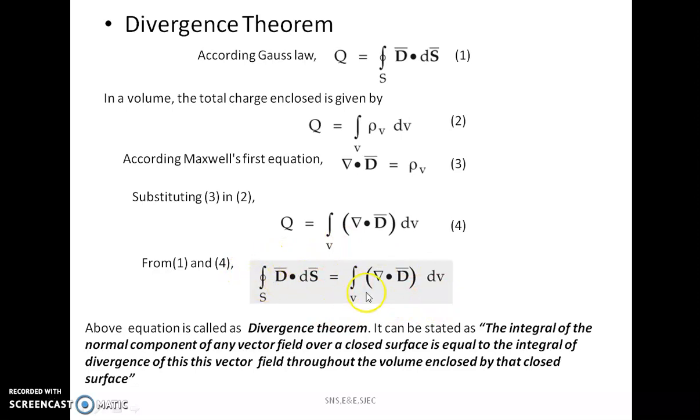The main use of the divergence theorem is to convert a surface integral into a volume integral.